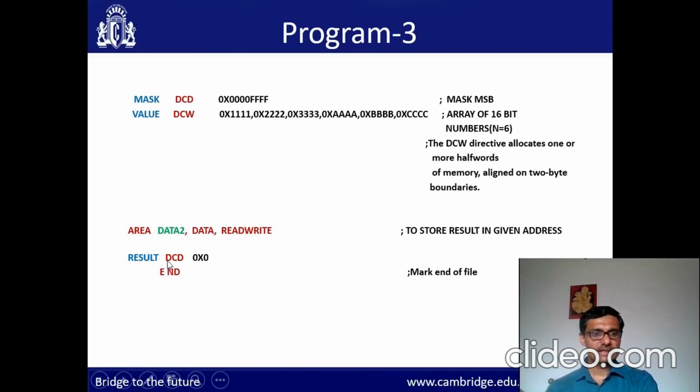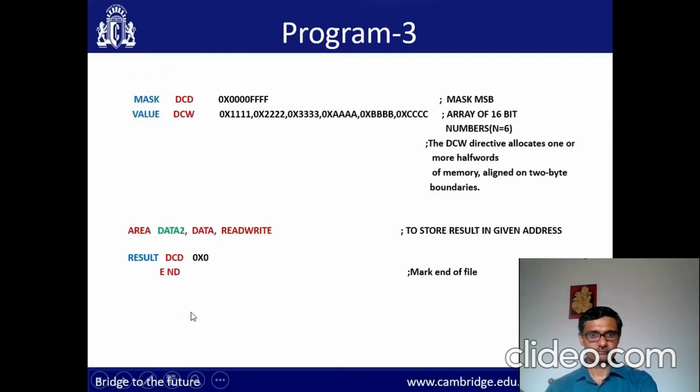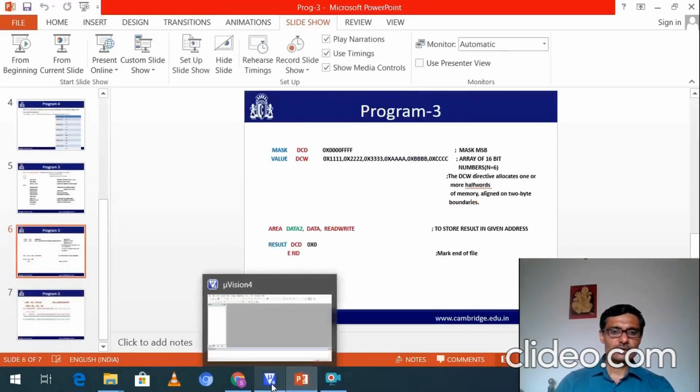But result comes under the read-write part, which is why we declared this data part using the AREA assembler directive. This data part is read-write because we are writing the result into the memory location called result. So at the end the result is available in this memory location and also in R0. Let us see the execution of this program using Keil.